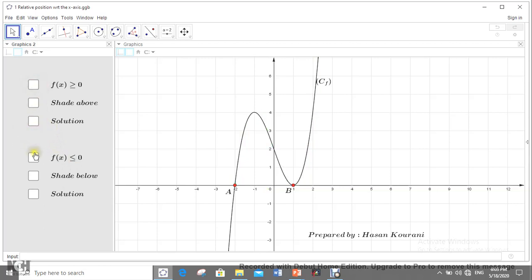Let's see where f of x less than or equal to 0. As you know, the y values are less than or equal to 0, or negative, below the x-axis. So this is the required region, the blue region, under the x-axis.